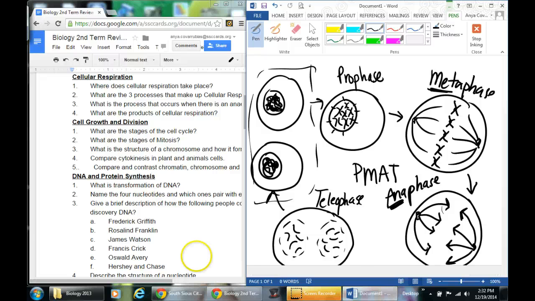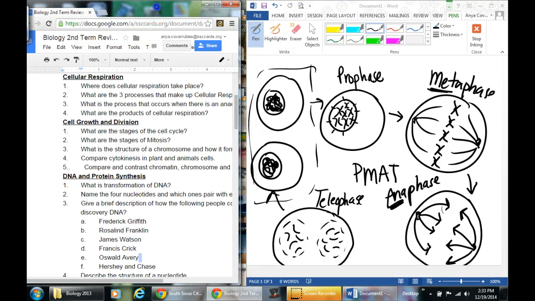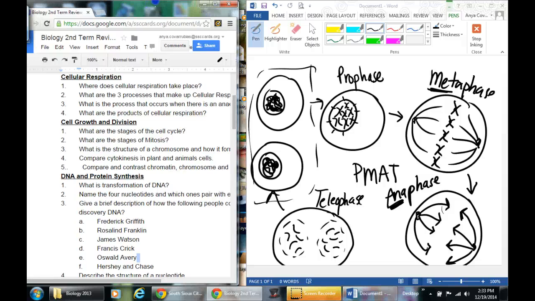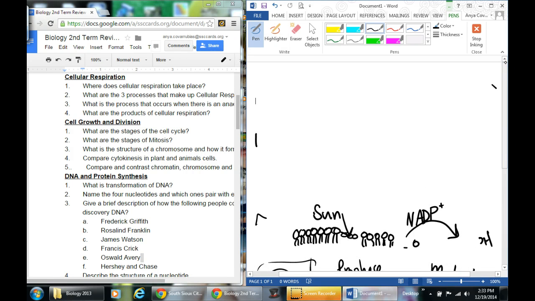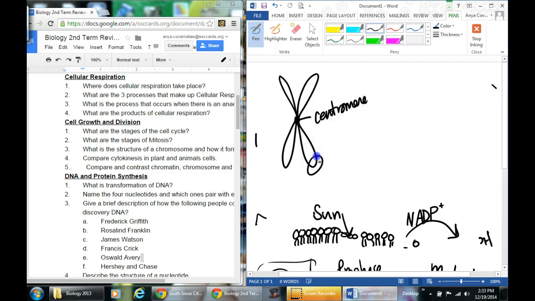Alright, it says, what is the structure of chromosomes and how does it form? Okay, so this is going to be referring to what I was talking about with the histones. Right here in the middle, this is called the centromere. At the ends, these are called the telomeres.